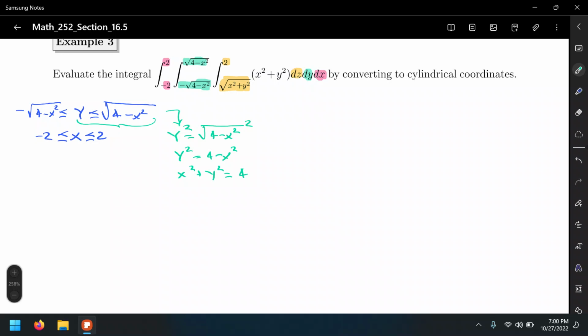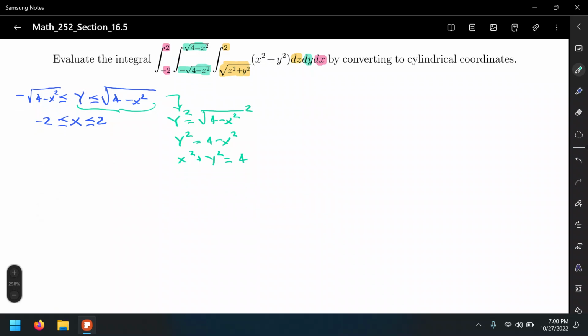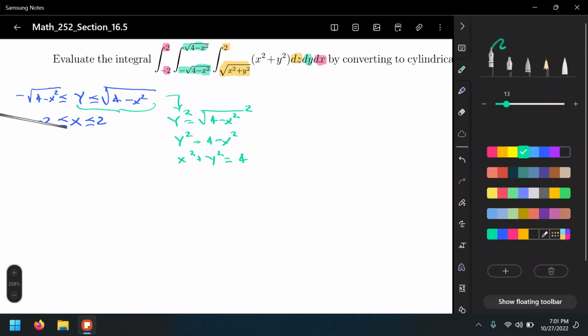What's this? It's a circle of radius 2, and that agrees with the limits with respect to x, going between negative 2 and 2.